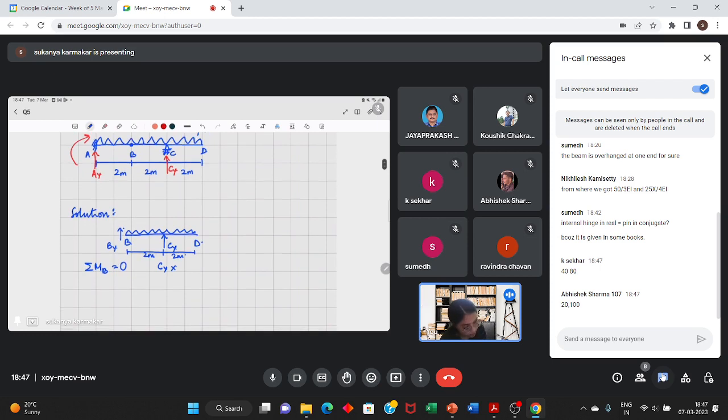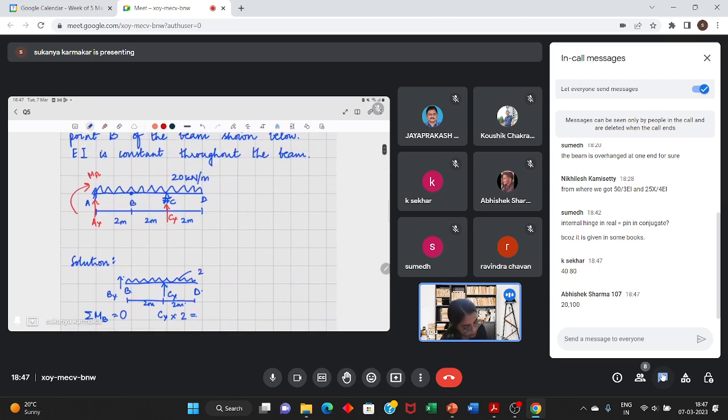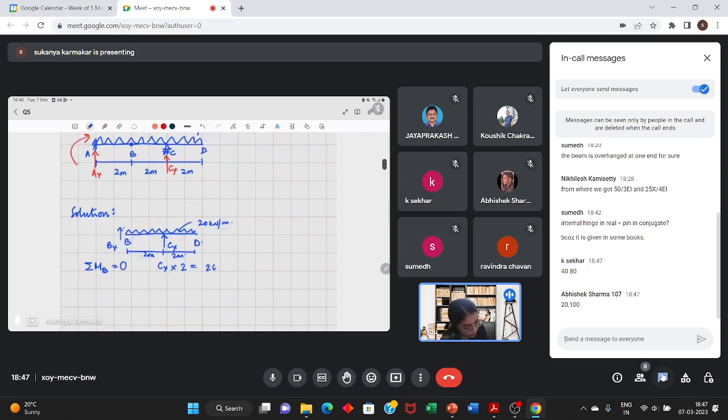So Cy into 2 is equal to how much is this load? This is 20 kilonewton per meter. So it is 20 into 4 into 2. So from here, Cy is 80 kilonewton.